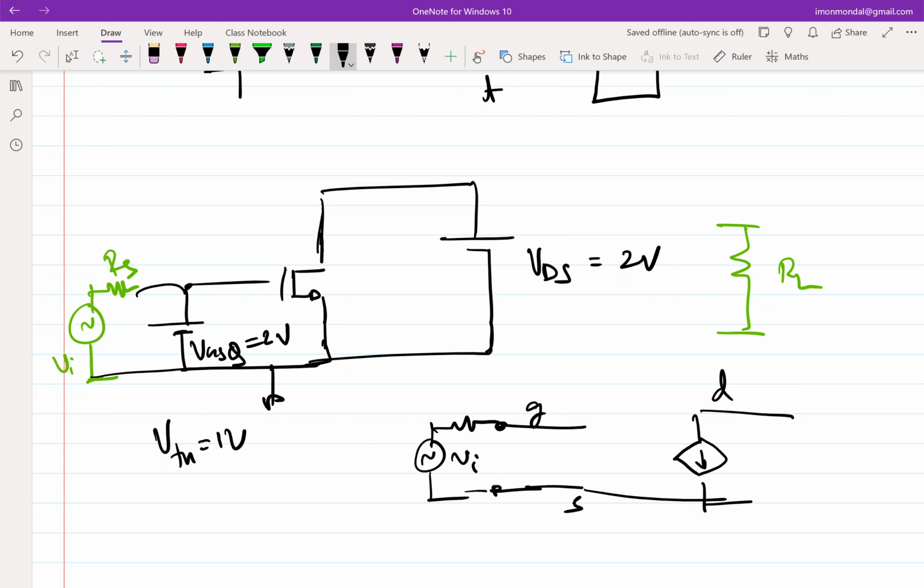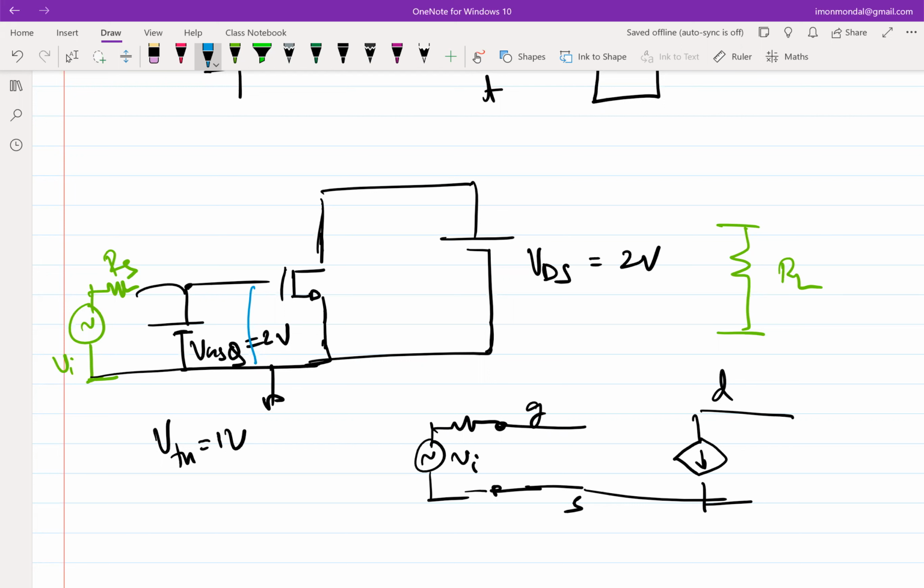Correct, exactly. What is being pointed out is the fact that, in the incremental sense, this is shorted. I have a DC source connected between gate and source. And even if you don't go into the incremental sense, it is essentially telling you that whatever you do anywhere in the circuit, you will not be able to change the gate to source voltage because I have a constant battery connected between gate and source.